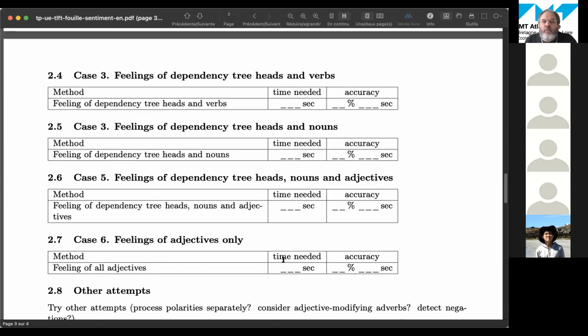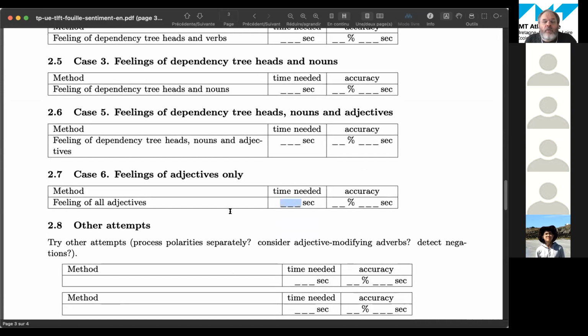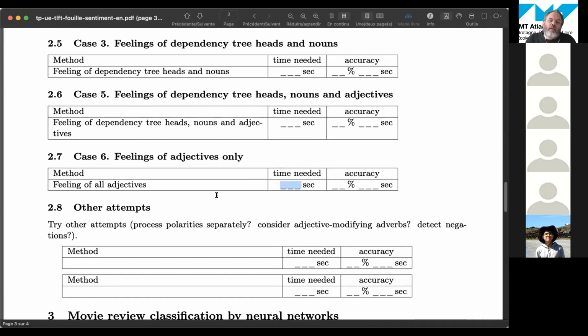And they will improve a lot here. So you will find out that taking adjectives gives you a much better result than taking verbs, heads, or even all words. And of course, you can do other attempts.